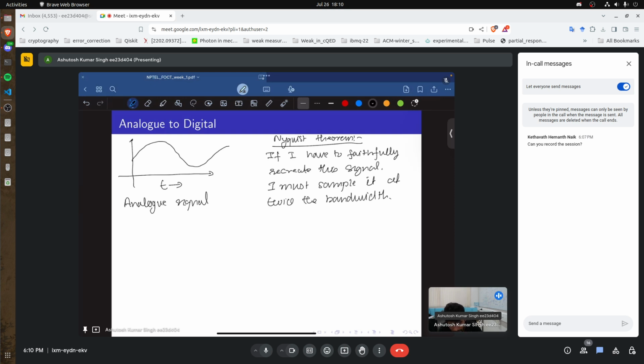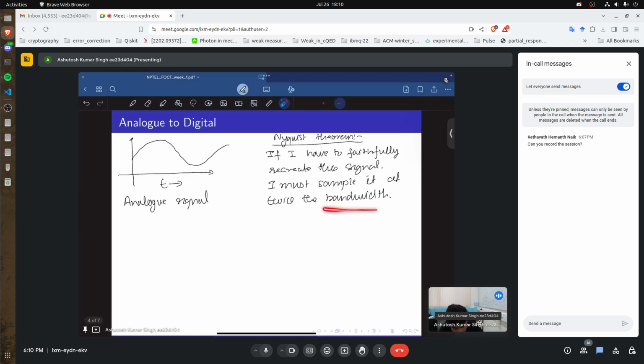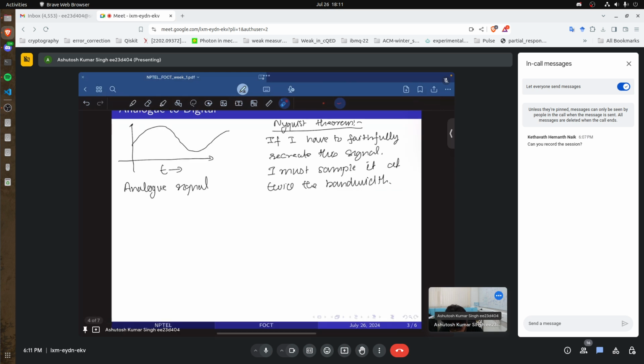Now with just this statement, there are new terms that have popped up. It's like to faithfully recreate. That's one term. I must sample it. What does sampling mean? And then there's bandwidth that has come into the conversation here.